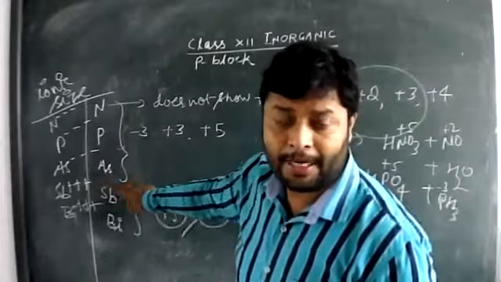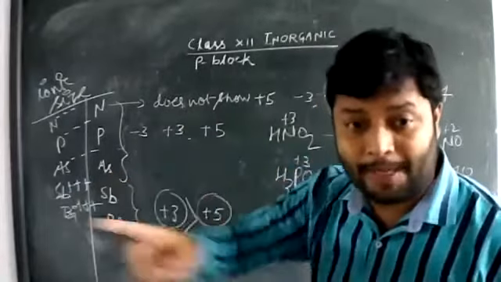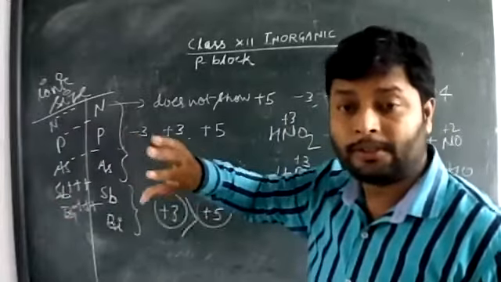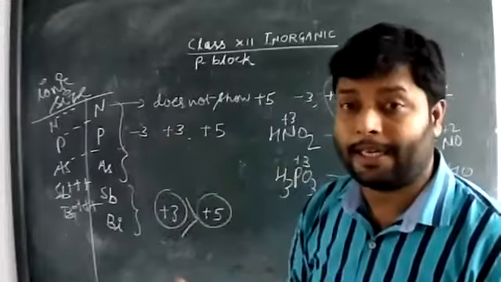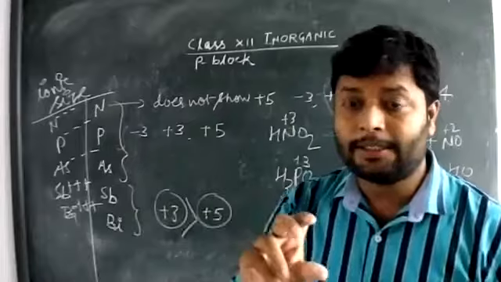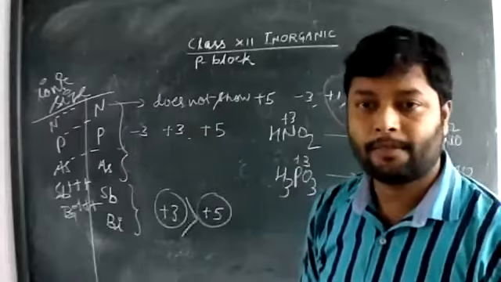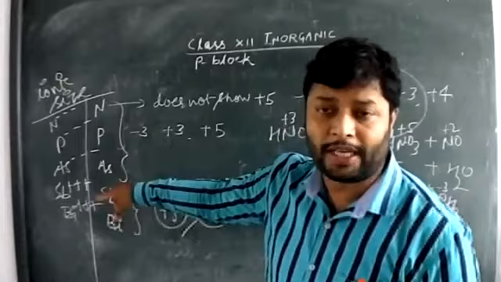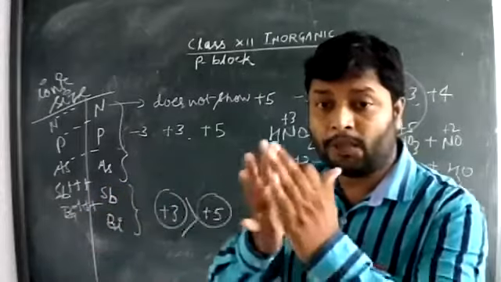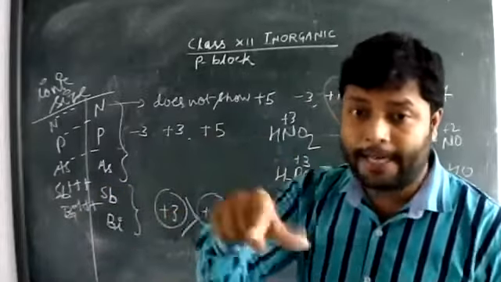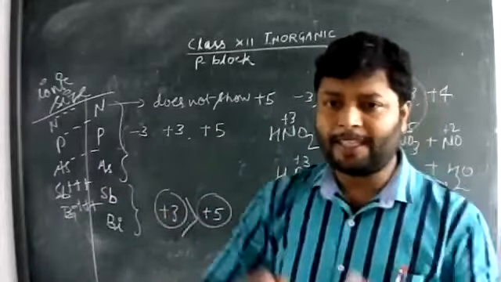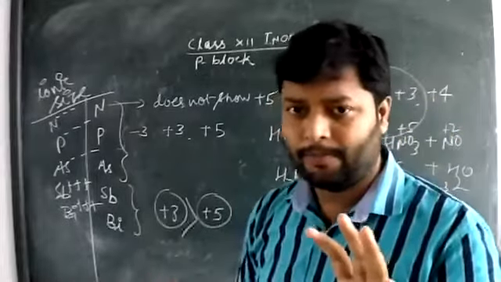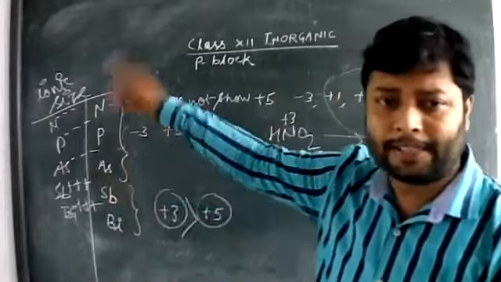But in the case of antimony, the smaller size is because of the formation of the cation. Antimony forms a trivalent cation, due to which the size rapidly decreases. But when we move from antimony to bismuth, because of the same charge, due to the increase of shells, the size again increases. So the exceptional pair is actually based on cationic and anionic size. That is the concept in ionic size.